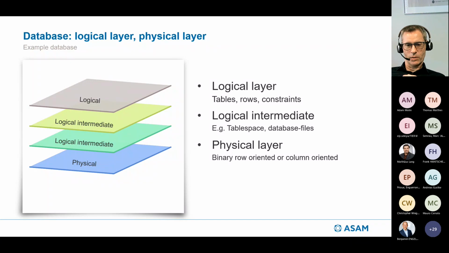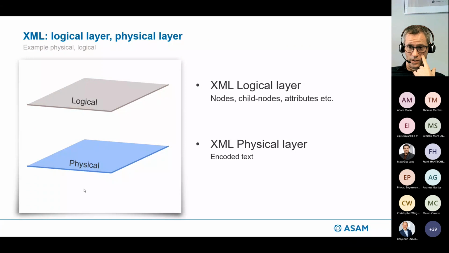Yes, I have this on my additional slides right now, and it's worth talking about. This is about the physical and logical level of a data format. For XML, there is also a logical level where you have nodes, child nodes, and attributes, and you also have a physical level, which is encoded text.